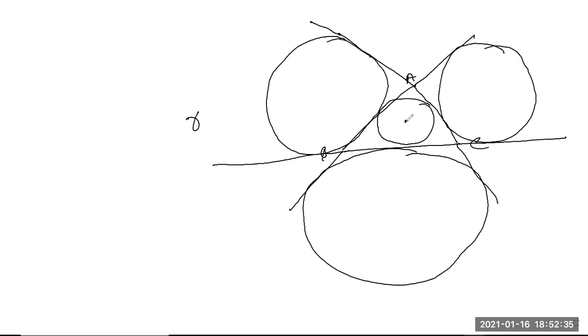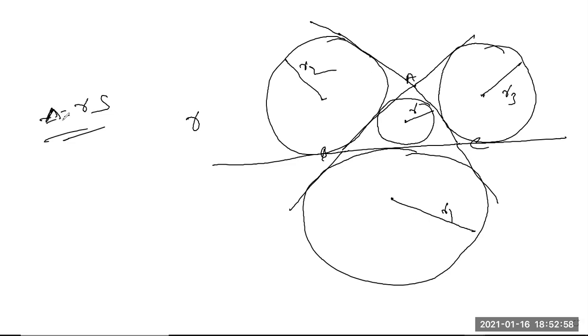So this is the incircle with radius small r. These are all excircles with radii small r1, small r2 and small r3. So the area of a triangle is simply r into s.